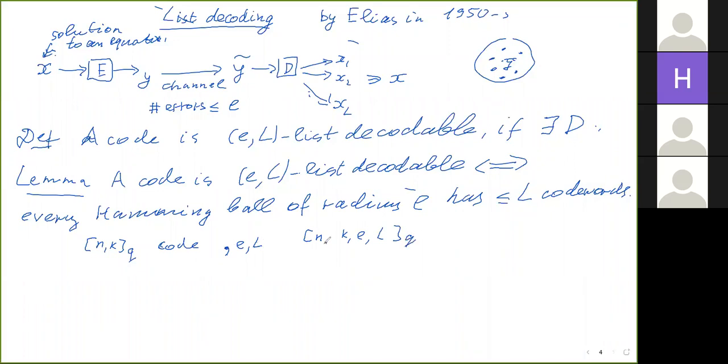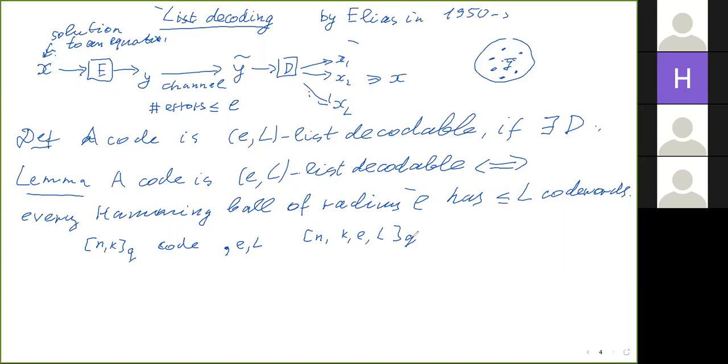But I actually haven't seen such notation. So anyway, we want to find necessary and sufficient conditions for the existence of codes with such parameters.